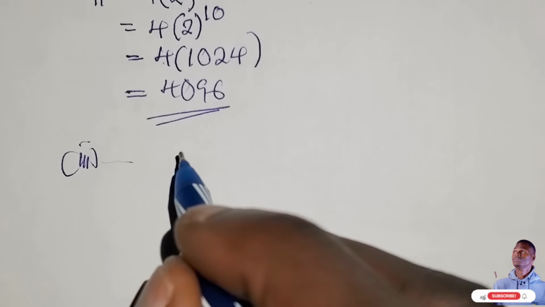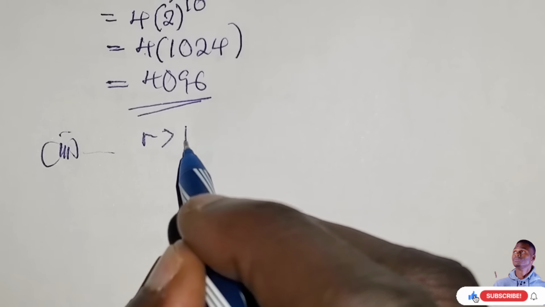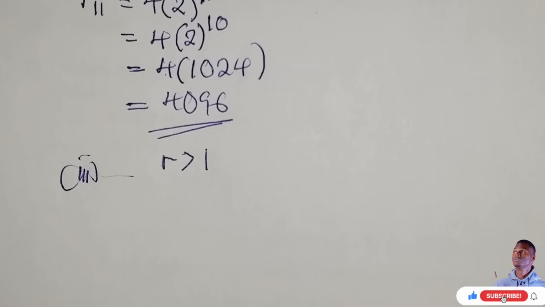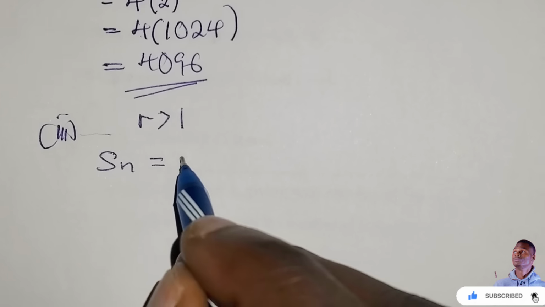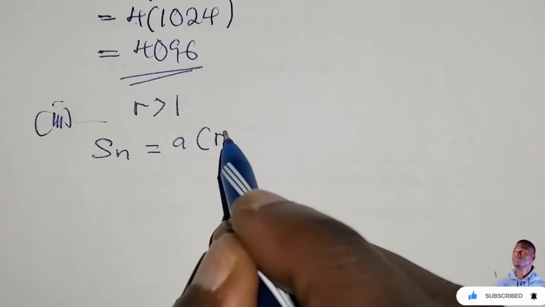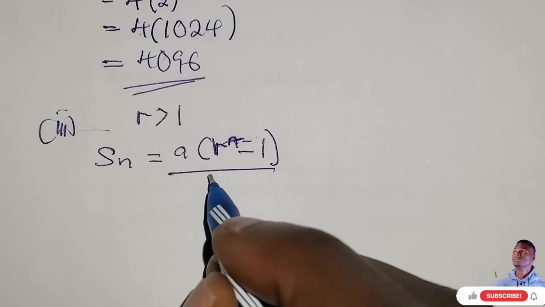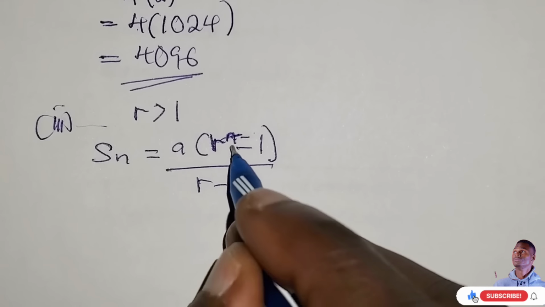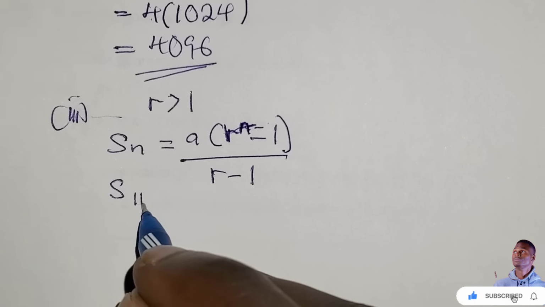It's very simple. Since the common ratio is greater than 1, we are going to use this formula. Sn is equal to A open bracket R to the power n minus 1, over R minus 1. Then n is 11.